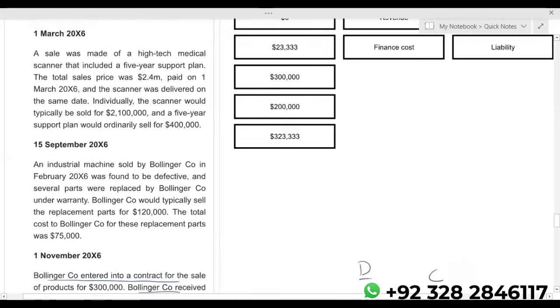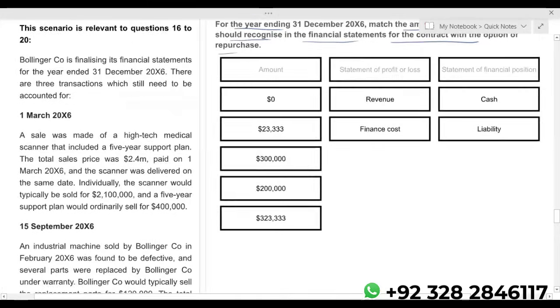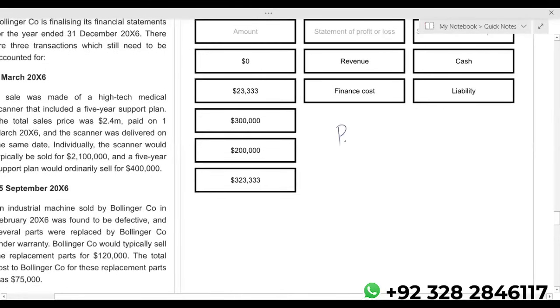Okay. Now come here. Revenue, if you ask me, I'll say 0. This is not a sale at all. It's just a financing arrangement. Cash, if you are asking me, I'll go for 3 lakh. Finance cost is 23,333, and the loan amount, liability amount.